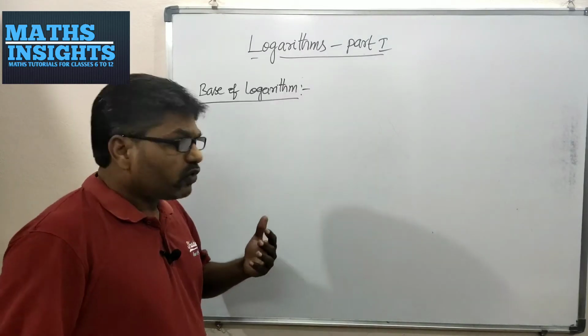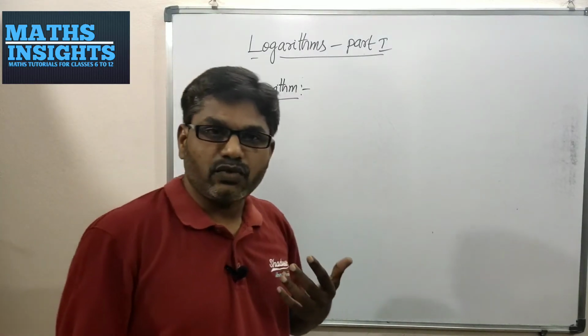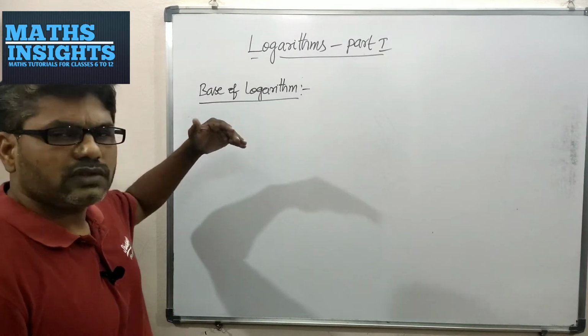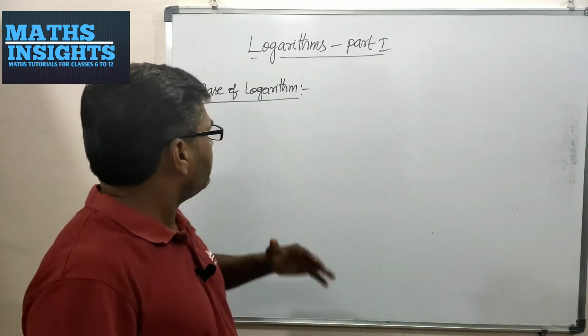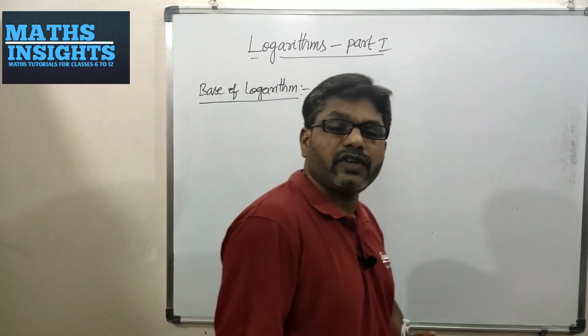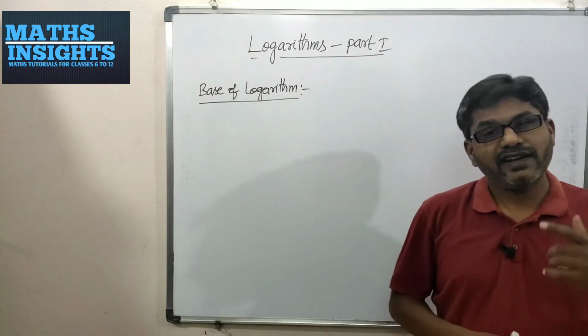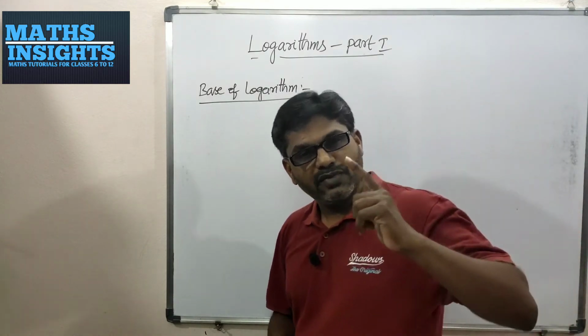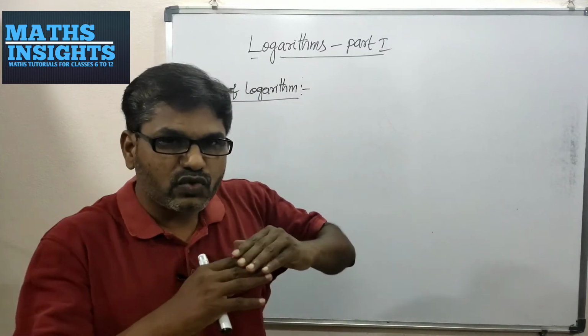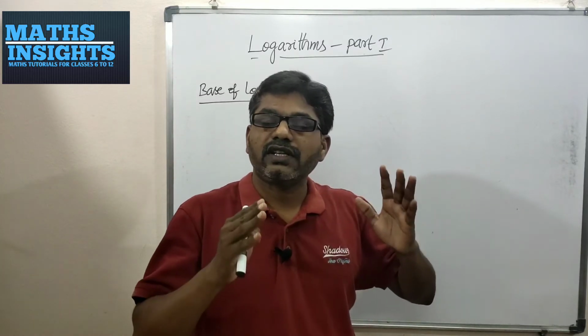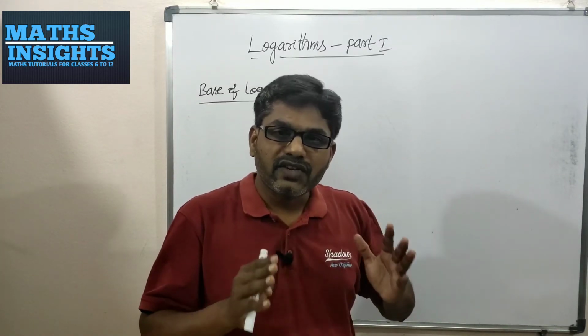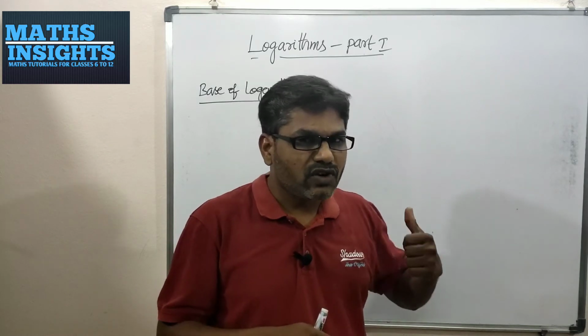Before going into solving the examples, I want to have a deep discussion on the base of a logarithm. When I was defining logarithm, I didn't say anything particular about the base, to relieve you from confusion. Now coming to the base.